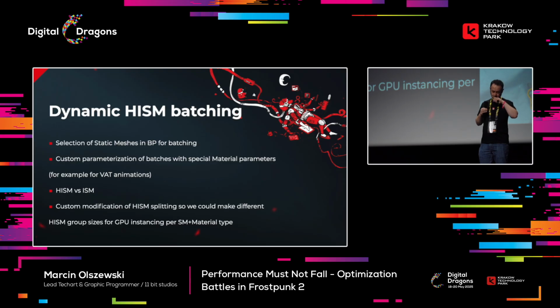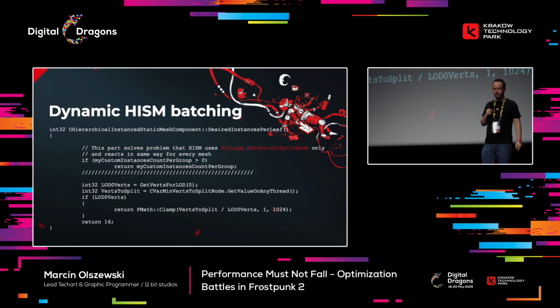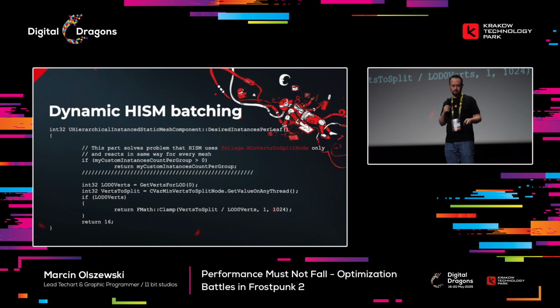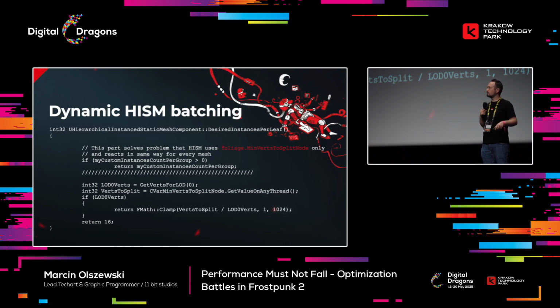But there is this part of code, not the commented one but the one below, which shows that Unreal expects us to set up the value at which we change the instancing group to another one.